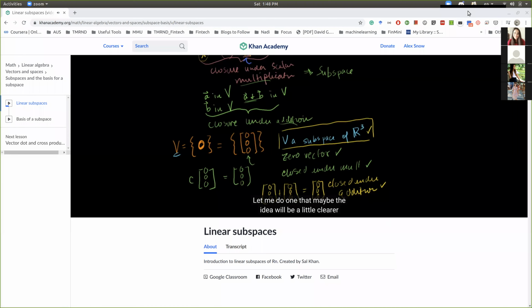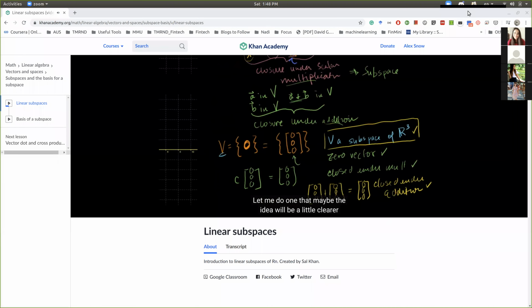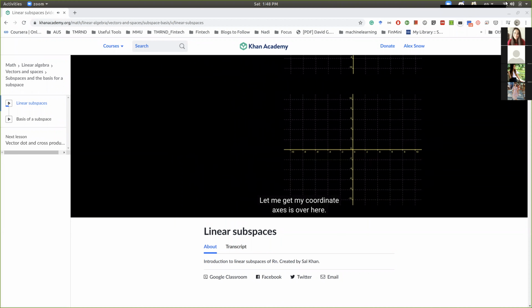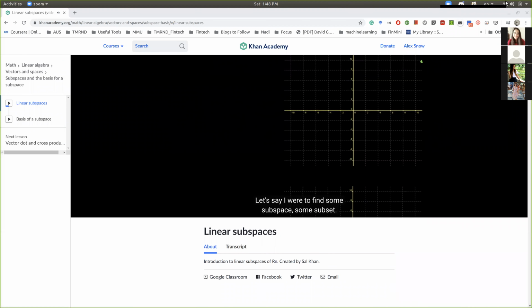Now let me do one here. If I show you an example that is not a subspace. Let me get my coordinate axes over here. So let's say I were to define some subset. I don't know whether it's a subspace.